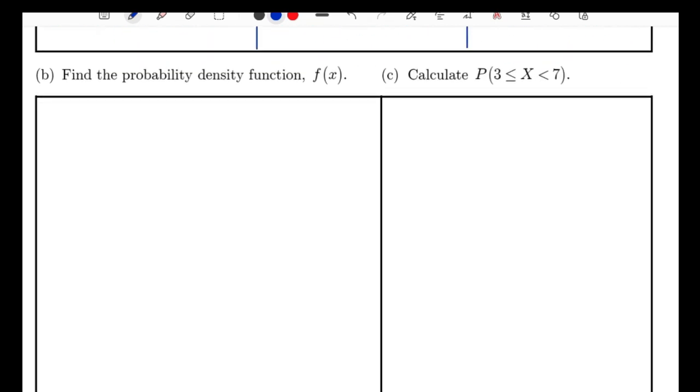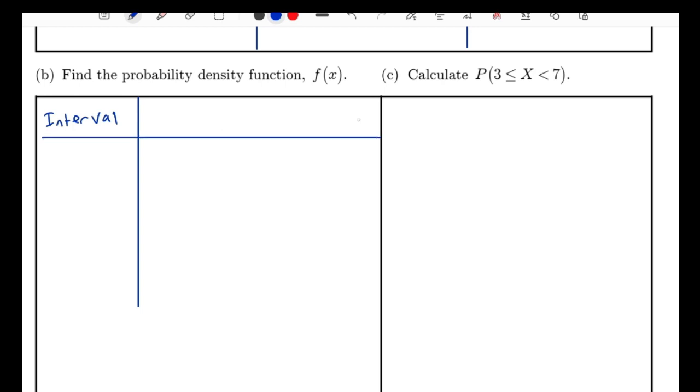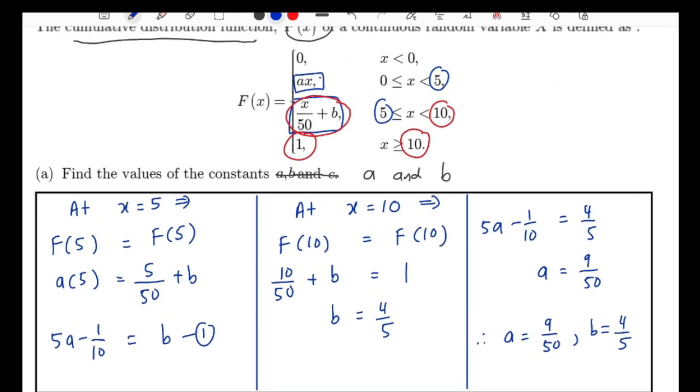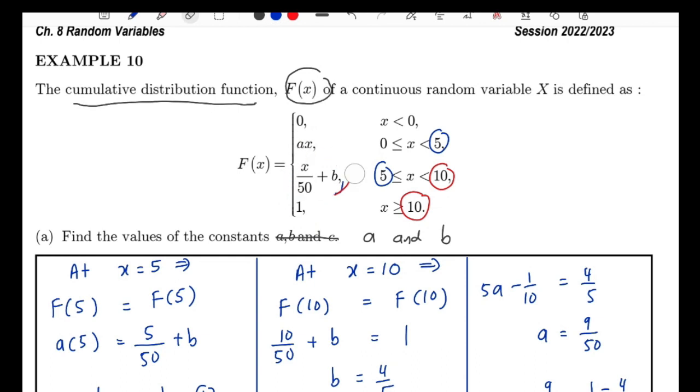B, find the probability density function f(x). So I'm going to put it into a table. I'm going to write down the interval first. What I meant by interval is this thing here.